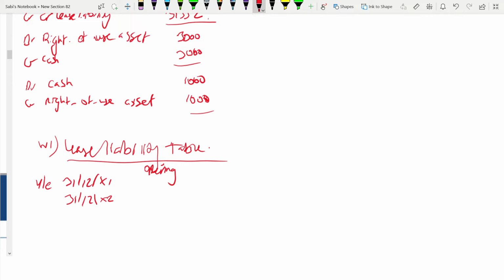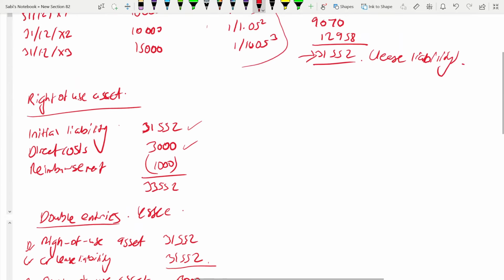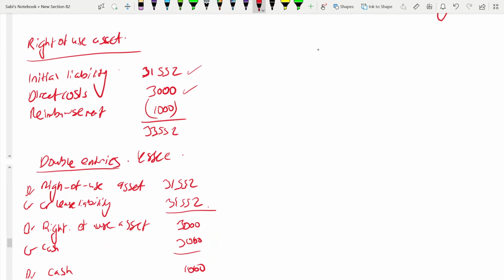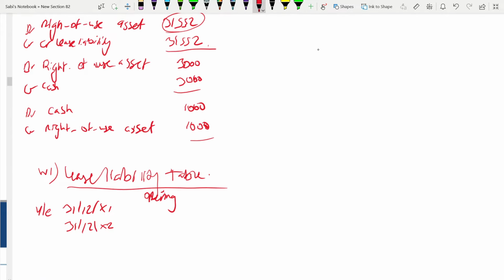So opening balance. What was the lease liability? It is 31,552. So you will take it here as opening balance 31,552. Then take interest of 5%, because the borrowing rate was 5%. On that, it will be 1,578.